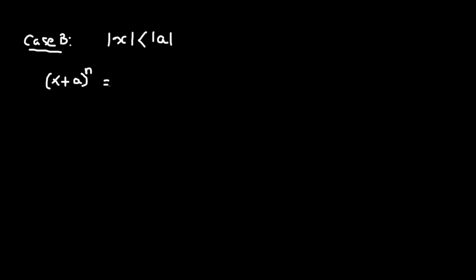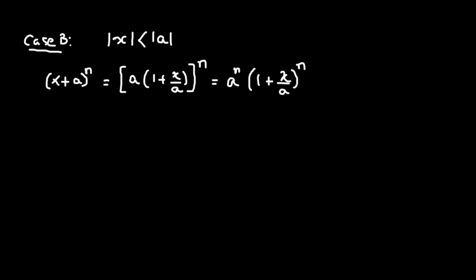Now the manipulation will look different, so we are going to factor out a this time. So this will leave us with 1 plus x over a, whole raised to the power of n. Now we take out the first value, a raised to the power of n, times 1 plus x over a whole raised to the power of n.